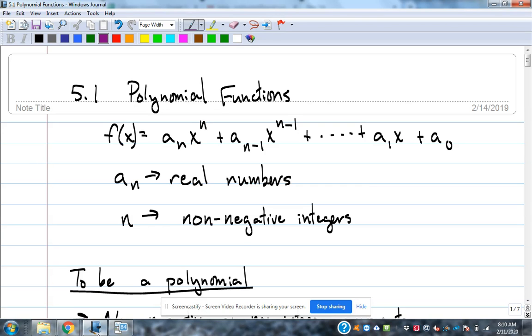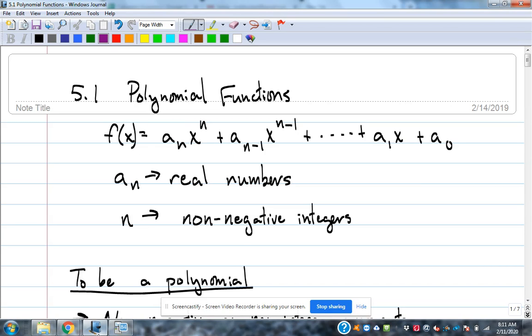That's the exponent on the x's. As you progress through, the subscript goes down 1, and so does the exponent on the x. It's just a generic definition. And when you get down to a sub 0, that's the constant term, like the y-intercept.